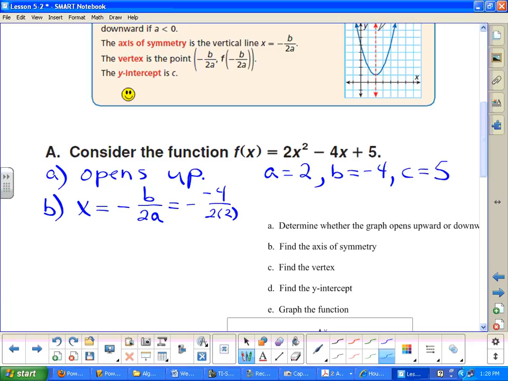So we have the opposite of negative 4 over 2 times 2. So x equals, well, what's the opposite of negative 4? Positive 4, and 2 times 2 is 4, so we get 4 over 4, which is 1. Okay. So there's our axis of symmetry, x equals 1. And that tells us the value of h for the vertex.